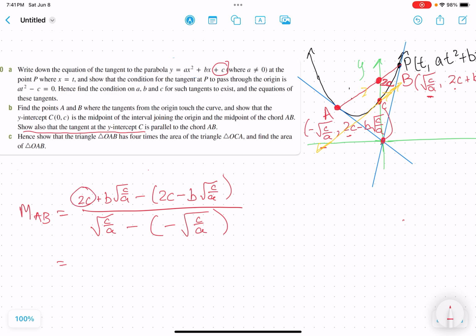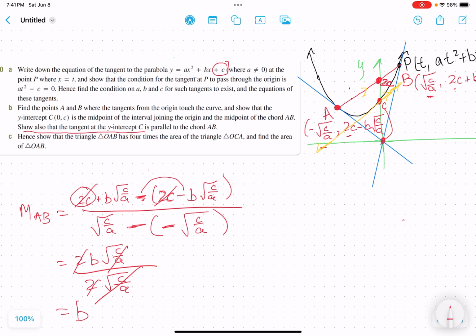You've got a 2c and a minus 2c, so they're cancelling. And this is a minus minus, so positive. So you can get 2 of those b root c on A's. And on the bottom, again, minus minus, so plus, you're going to get 2 of those root c on A's. So great, the root c on A's cancel, the 2's cancel, you get a gradient of b.